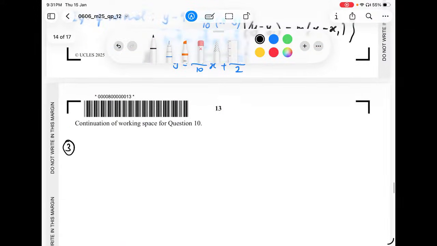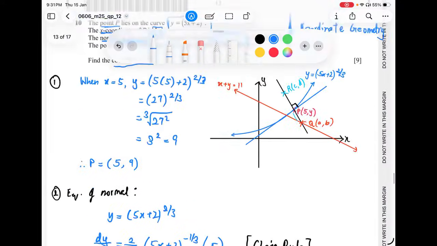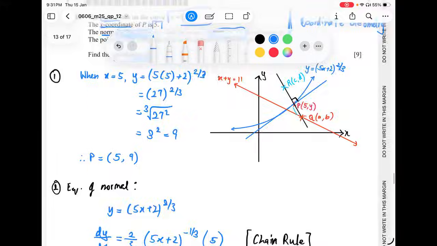So the third step is to find the coordinates of Q. So how are we going to do that? You know that Q is the intersection point of the equation of the normal and x plus y equals 11.